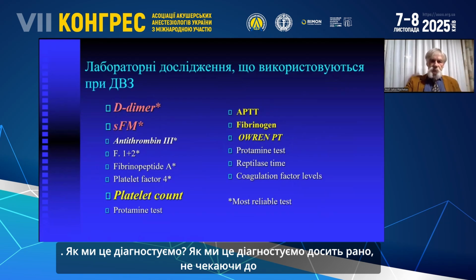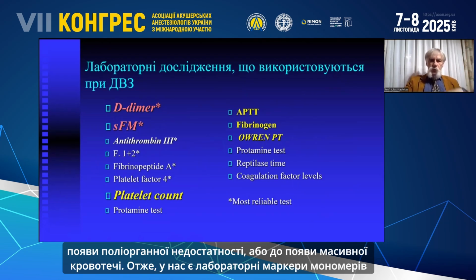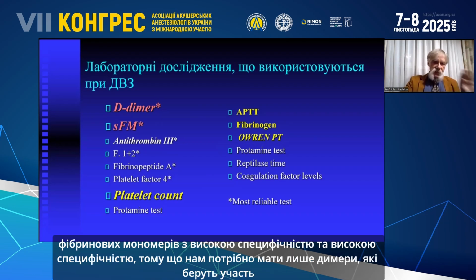How do we diagnose that, how do we see it early enough, without waiting before multi-organ failure comes or before massive bleeding comes? So we have laboratory markers: monomers, fibrin monomers, and high specificity D-dimer, because we have to have only the dimers which participate in thrombosis.